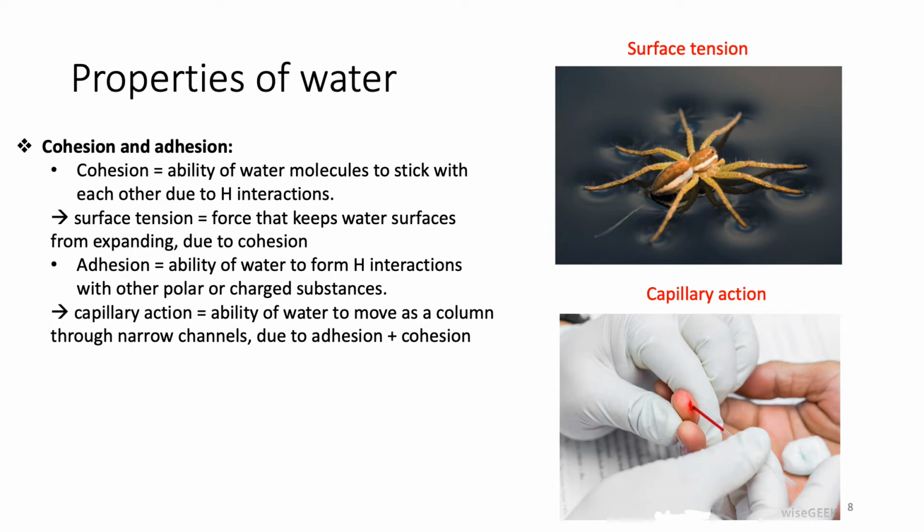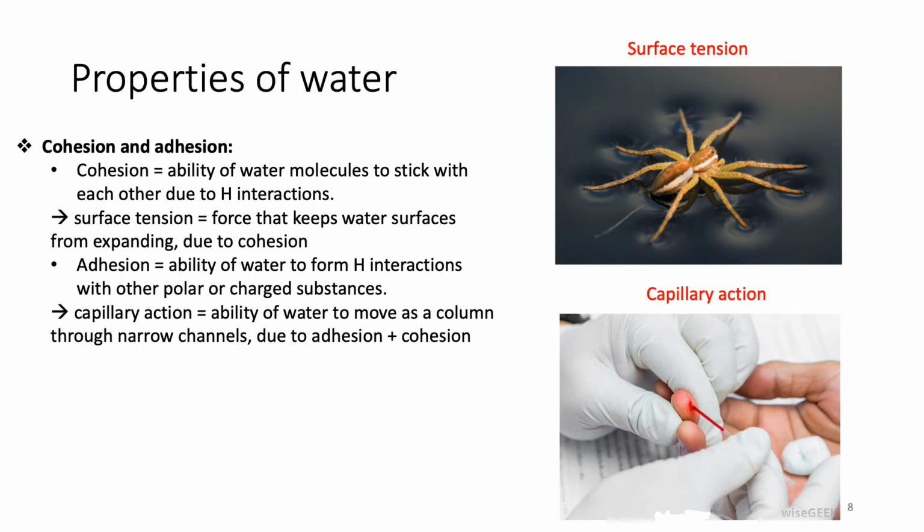In contrast to cohesion, adhesion is the ability of water to form hydrogen interactions with other polar or charged substances. This property gives rise to the capillary action that helps draw blood passively up a capillary tube for blood sampling.